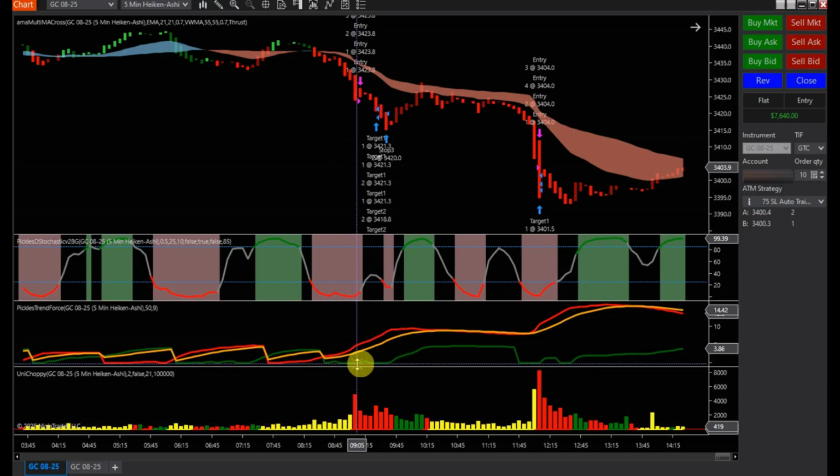Also, in trading, you want to have a basic knowledge of price action. Also, you want to know how to read market structure as well, your higher highs, your lower lows.